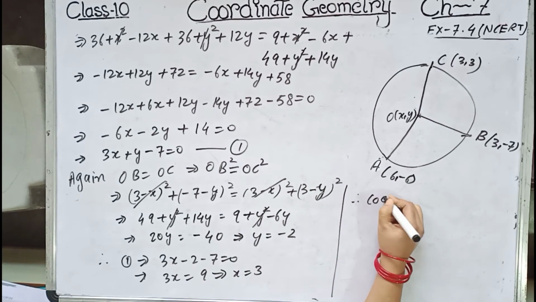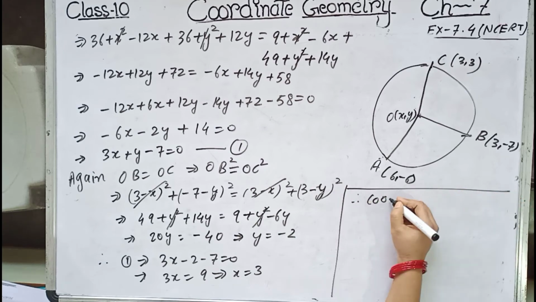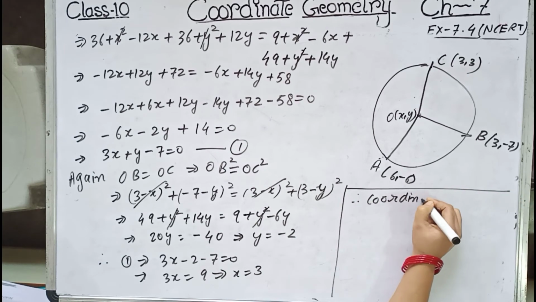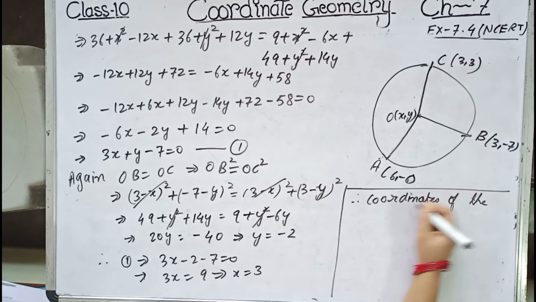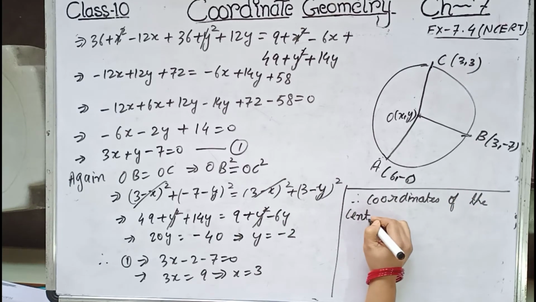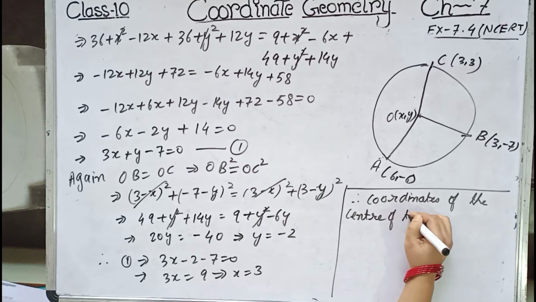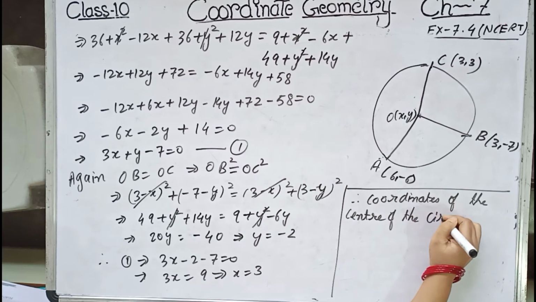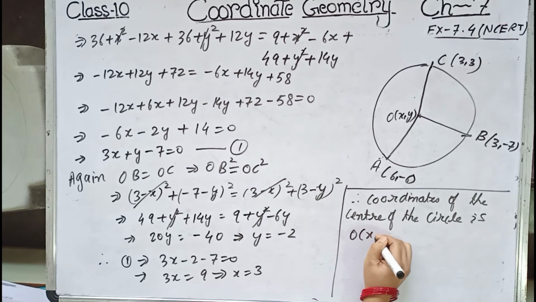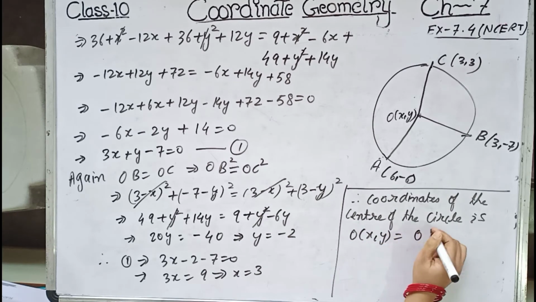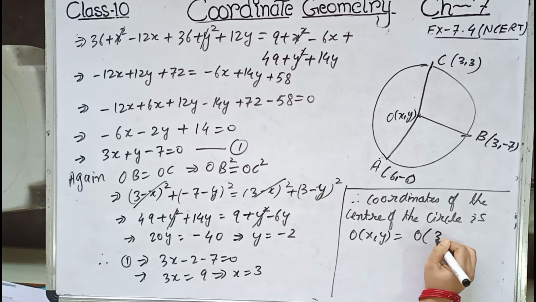Therefore coordinates of the center of the circle is O(x, y) equals O. x value is 3 and y value is minus 2, and this is the answer.